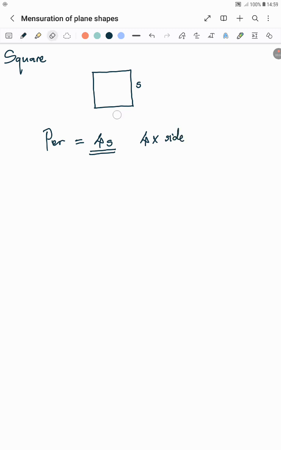So here, if one side is equal to 5 centimeters, the perimeter is 4 times 5 centimeters, which gives us a total of 20 centimeters. That will be the distance right round the square.